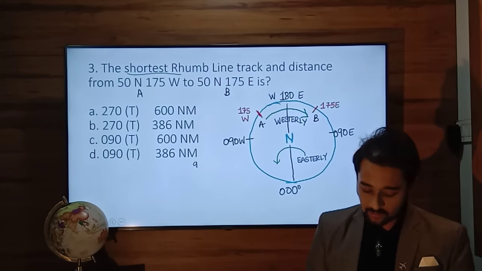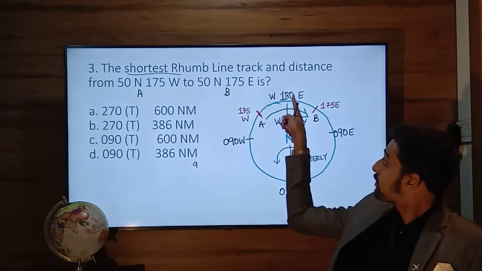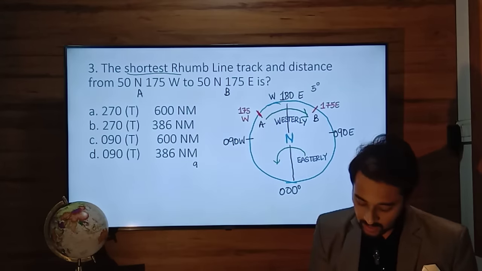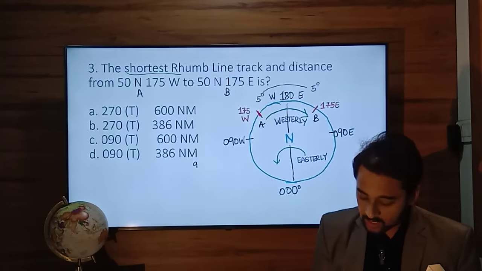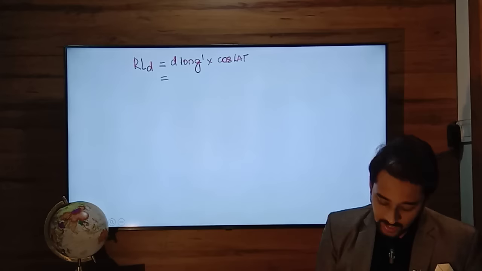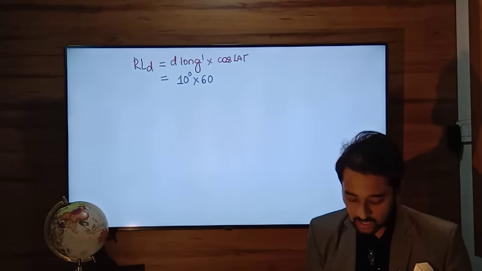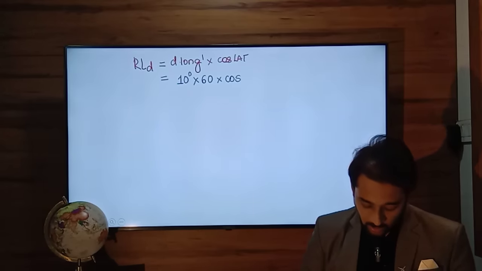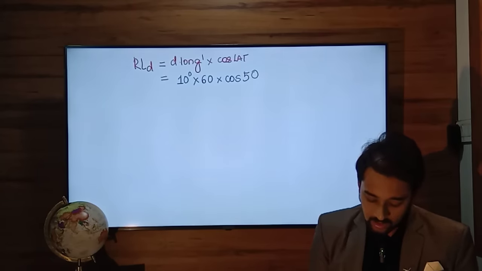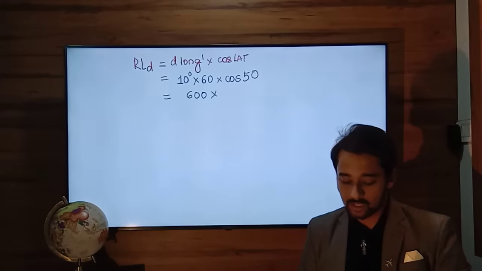The difference in longitude between them is, as you can see clearly, 180 minus 175 is 5°. 180 minus 175 is 5°. So total will be 10°. So d long will be 10°. Let's convert this degree into corresponding minutes. So multiply by 60 into cos of latitude. What latitude are they both situated at? 50. So cos 50. So 600 into cos of 50 will be how much?